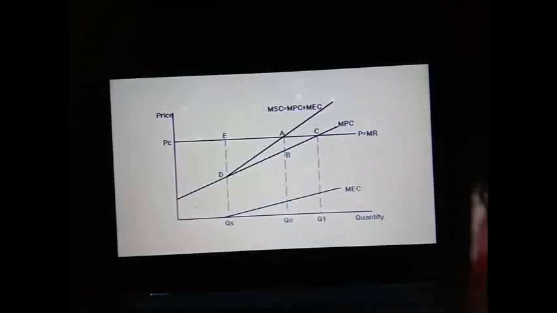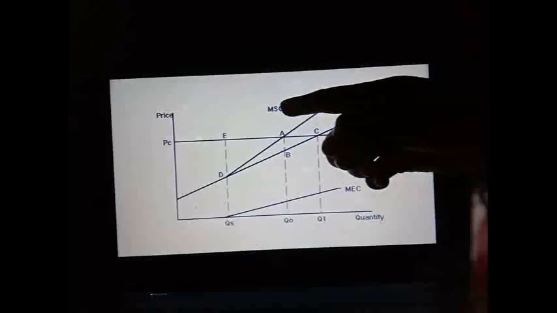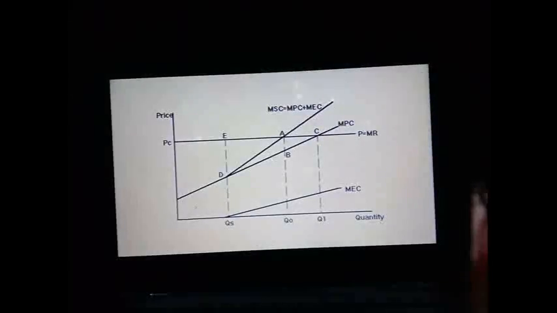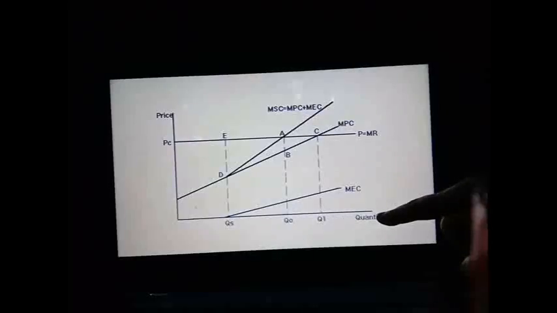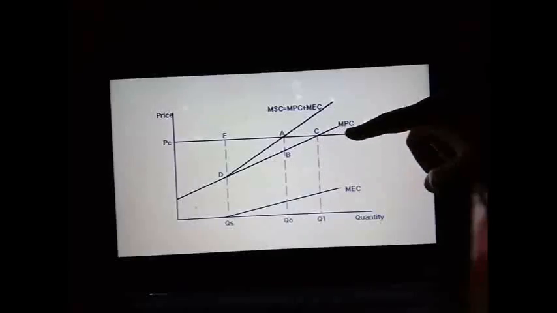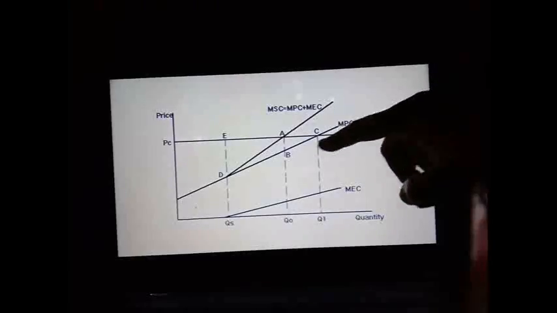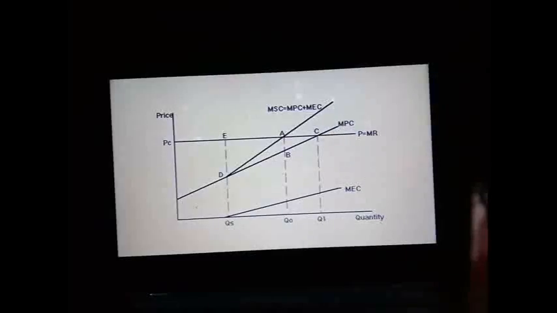So here we have three curves: marginal external cost, marginal private cost, and marginal social cost. As our quantity increases, our additional cost of producing, determined by marginal private cost, also increases.